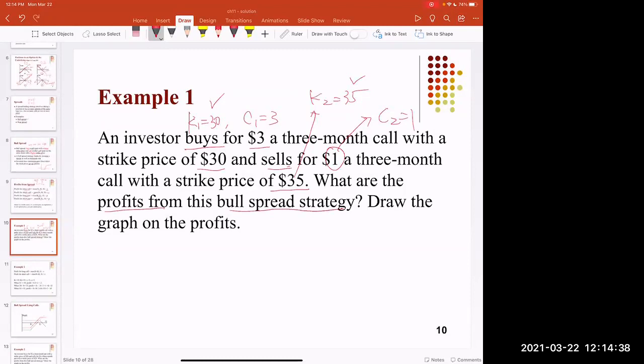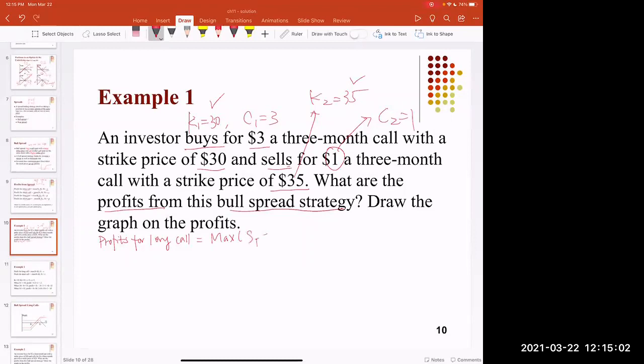Okay, so first, we're going to need to know what's the profit for long call. The long call, the profit is calculated by the maximum value between ST minus K, right?